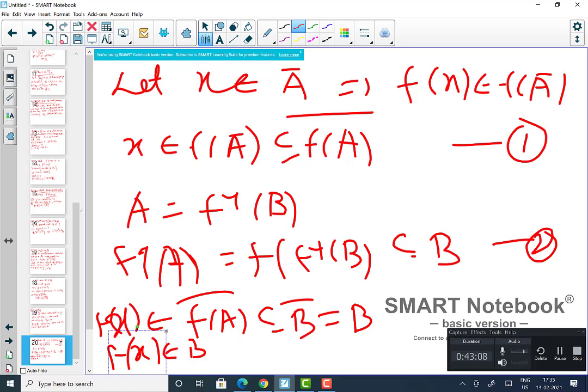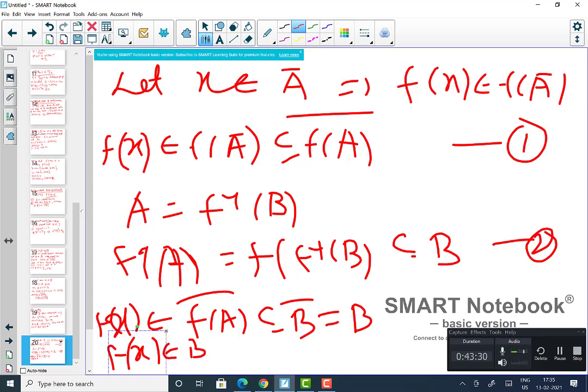So f of X belongs to the closure of f of A, which is a subset of the closure of B, but B is a closed set, so the closure of B equals B. So f of X belongs to B.